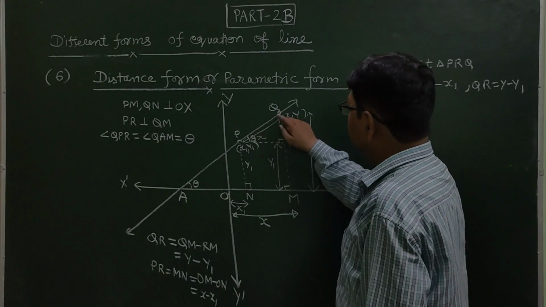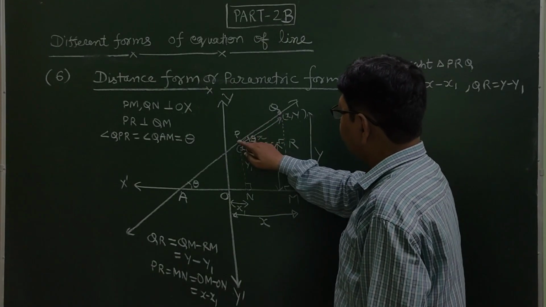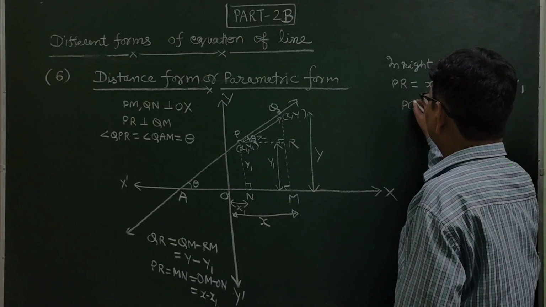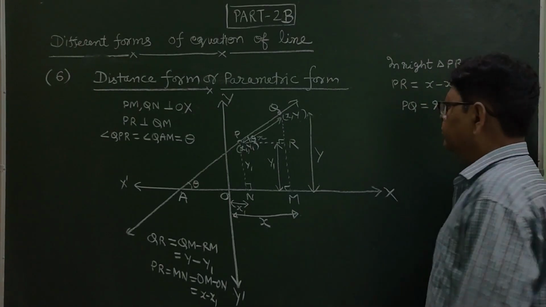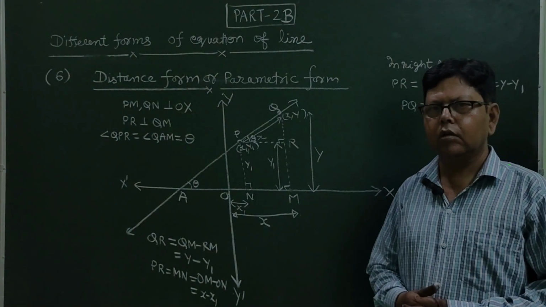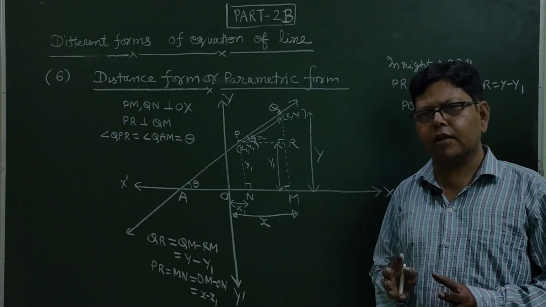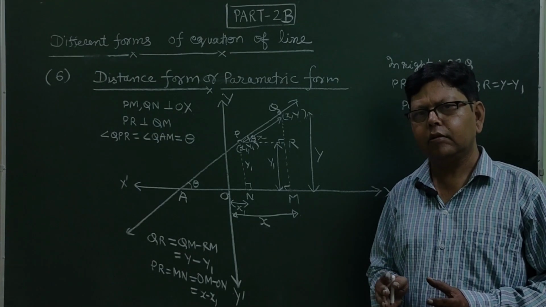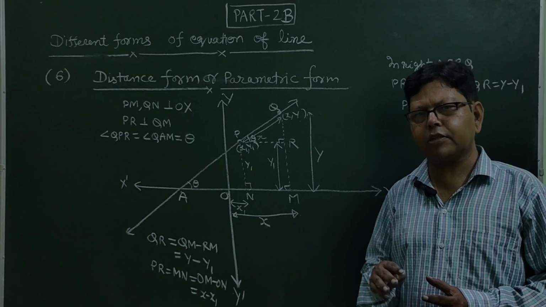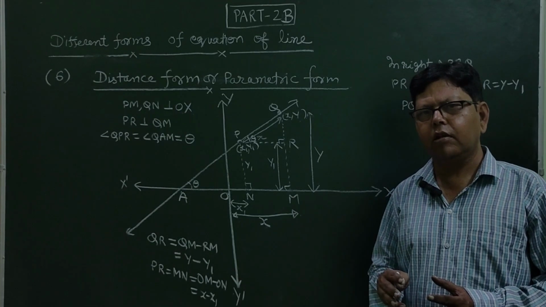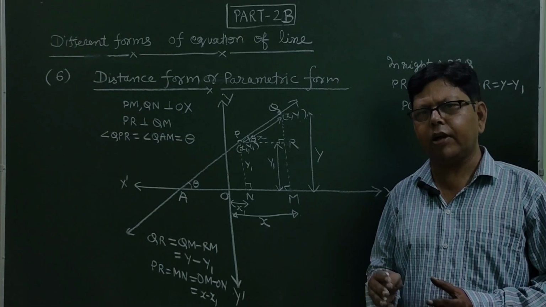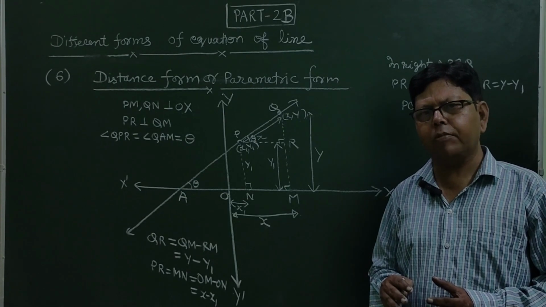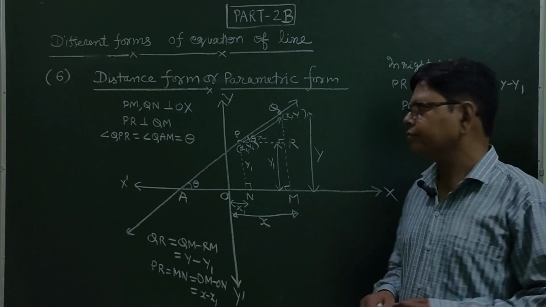Now this point Q is at a distance r from P, that is PQ is equal to r. Now we will express x and y in terms of r and theta. If x and y are expressed in terms of other variables, then this type of form is known as parametric form.